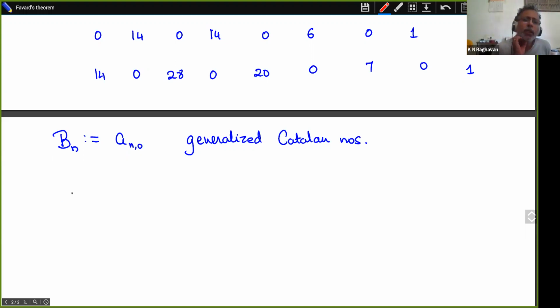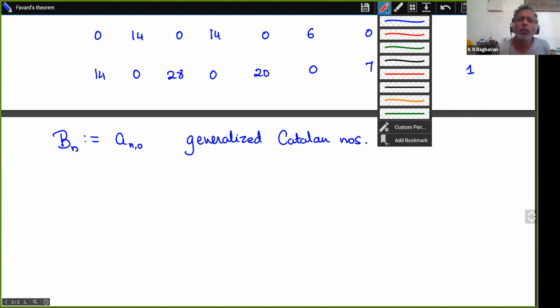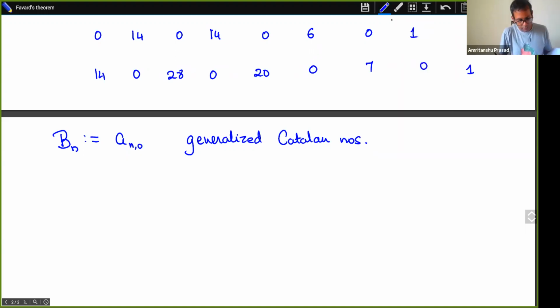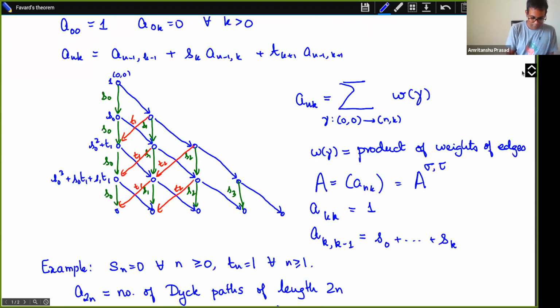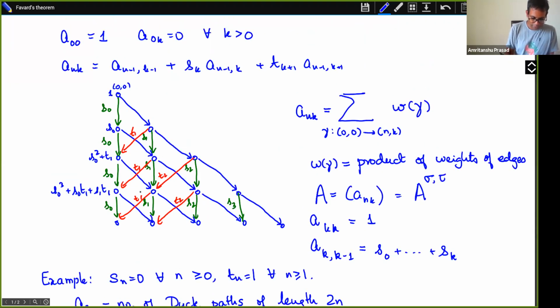Did you say that there is a characterization of these generalized Catalan numbers? They depend on the parameters sigma and tau. Is there some other characterization, in terms of the numbers themselves? Well, most generally, you can write down these polynomials in the S's and T's.